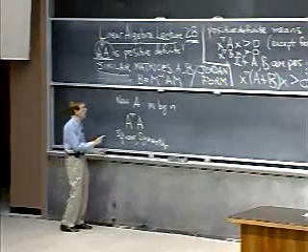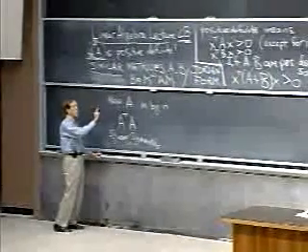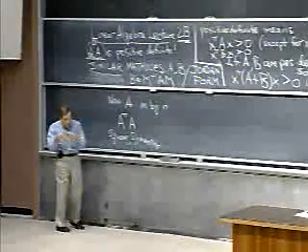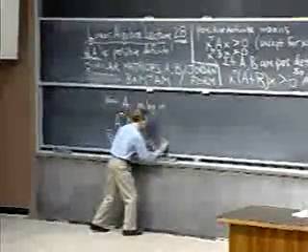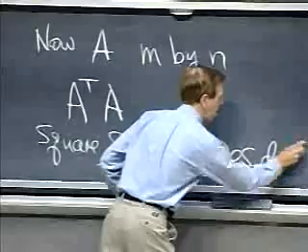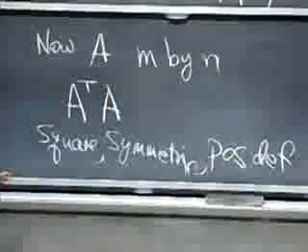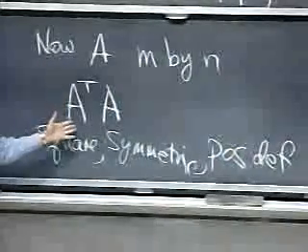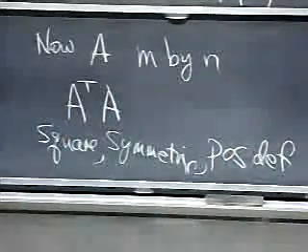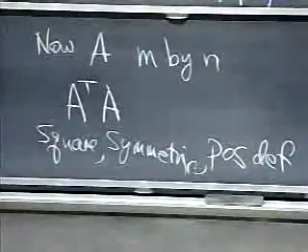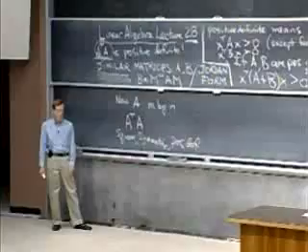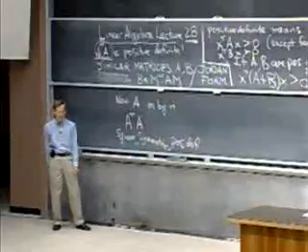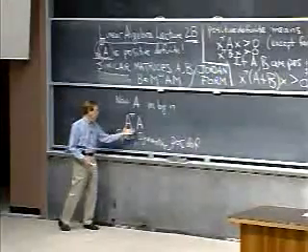But now we know something more. We can ask a more important question, a deeper question. Is it positive definite? And we sort of hope so. In analogy with numbers, this is sort of like the square of a number, and that's positive.